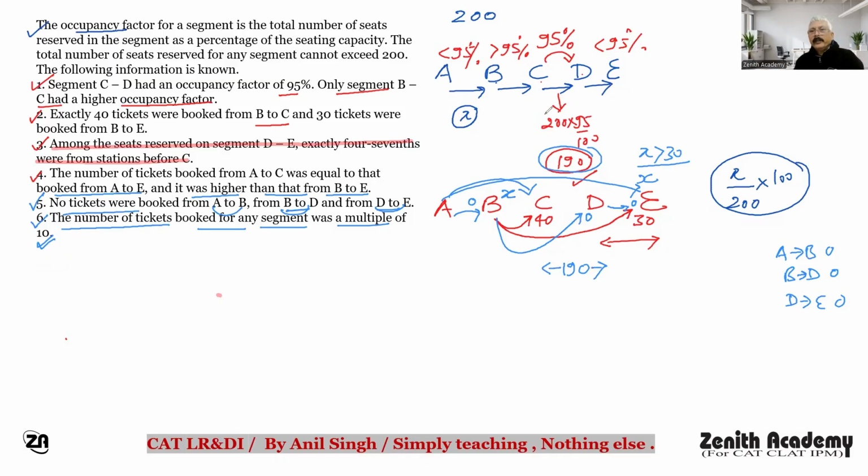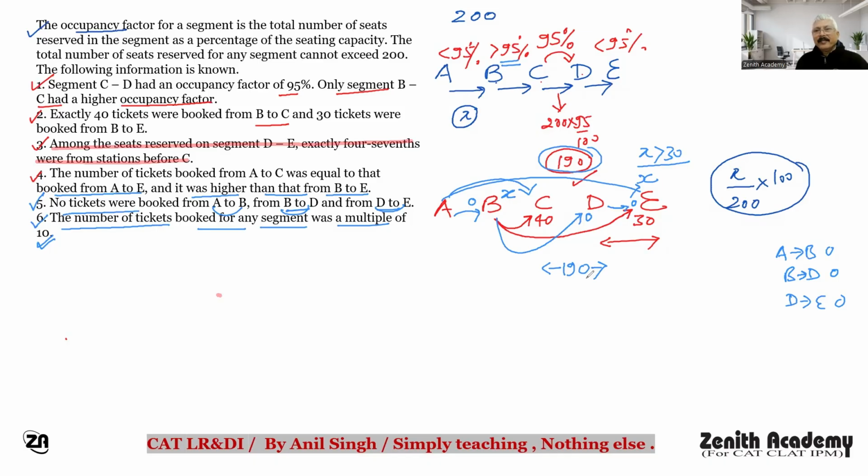A point is to be noted. B to C occupancy factor is greater than 95%. And when the number of tickets booked is a multiple of 10, after 190 it cannot be 191 or 192 or 193. Directly it is going to be 200.